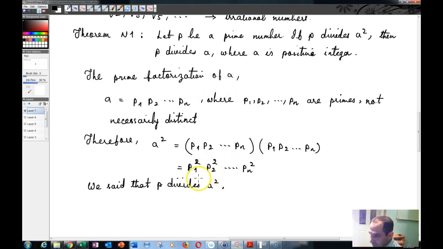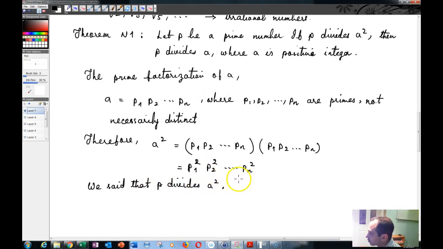So then based on the fundamental theorem of arithmetic, it follows that p is one of the prime factors of a squared.